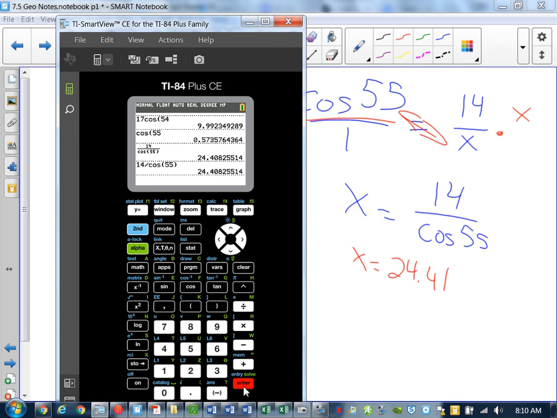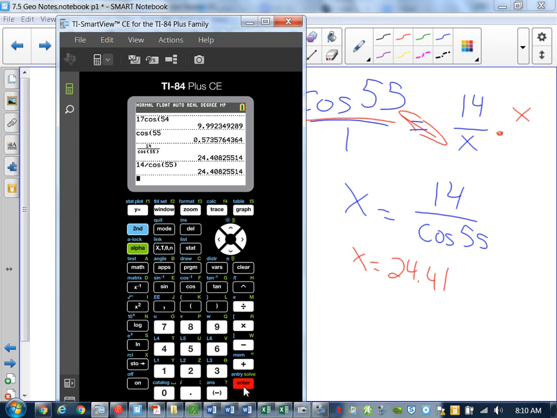So again, if you have some trig value equal to some number divided by x, to solve for x, all we're going to do is exchange-o, change-o on the diagonal. And that's it.